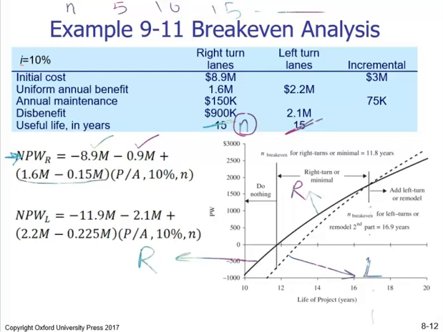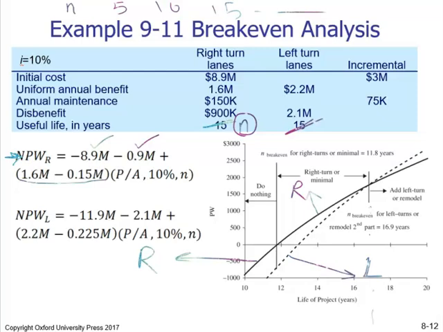It doesn't make sense to go for all this investment if the life of the project is less than 12 years, because you are getting an annual benefit of 1.6 million, so if the life is a small number, you are losing that benefit sooner. But after that, the right lane project becomes profitable. So after 12 years of life, it's good.